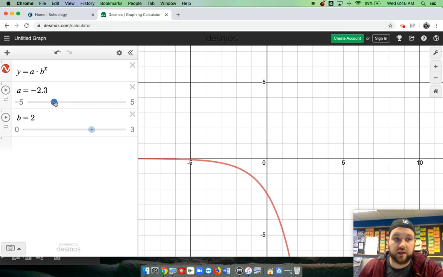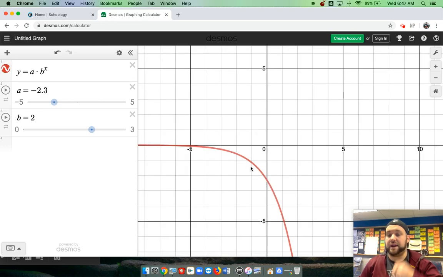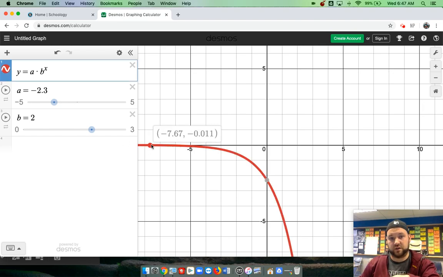If I go negative, meaning that I'm starting at a negative 2.3, which I can see on the graph, but B is still positive 2, I know this is weird, but we still call this growth, okay? So this is what we call negative growth because it's going away from 0, right? It's starting at 0 and then boom, flies downwards. So it's still growth, but we consider it negative growth.